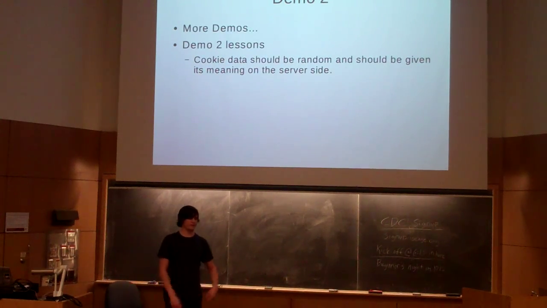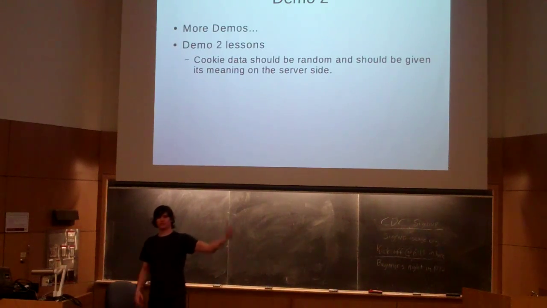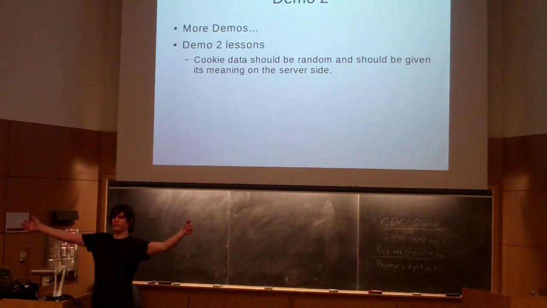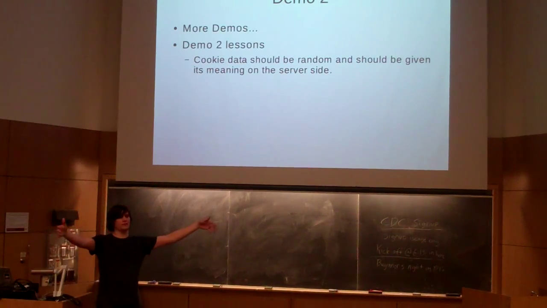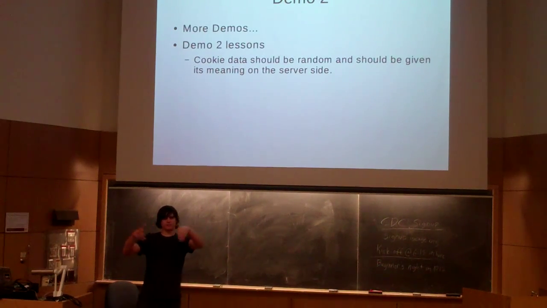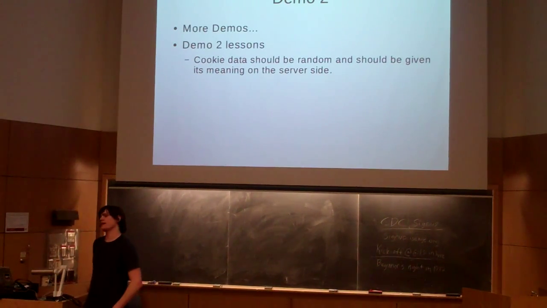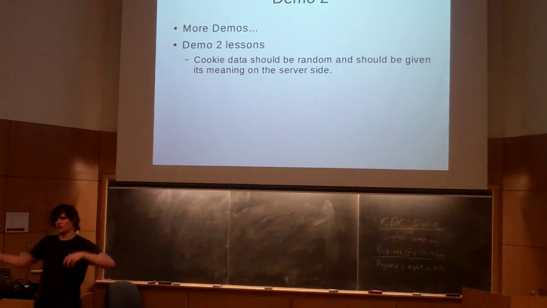So what should really be happening is, if I log into Google or whatever, it should give me a really big random number, and then I submit that back as the cookie, and then it has a big table of: username Matt has the cookie big long random string, or is admin is big long string.